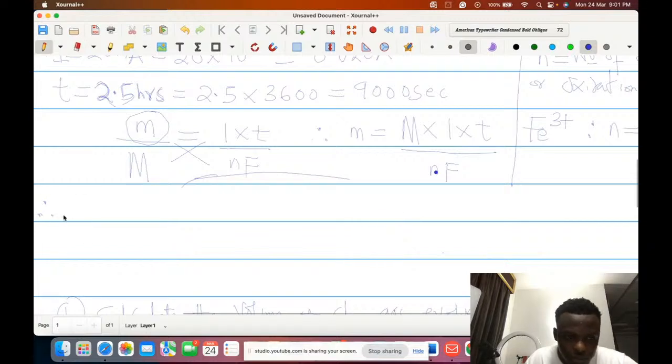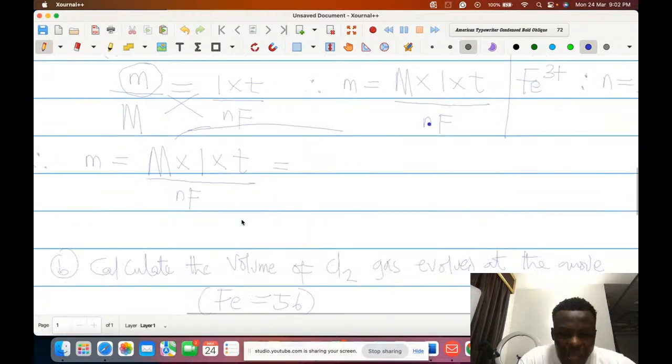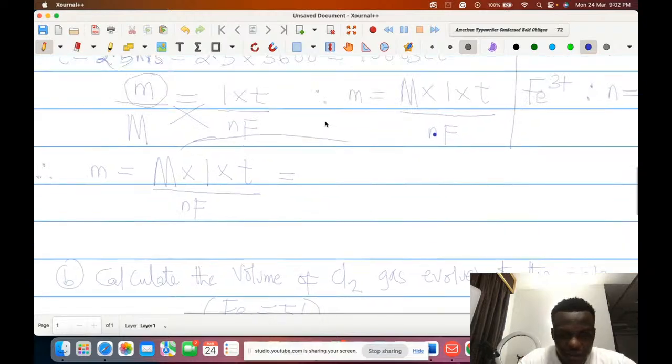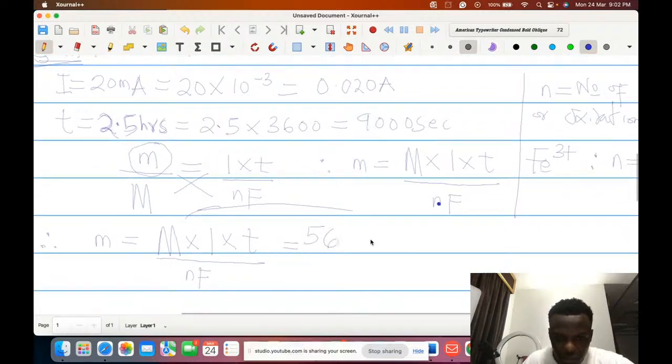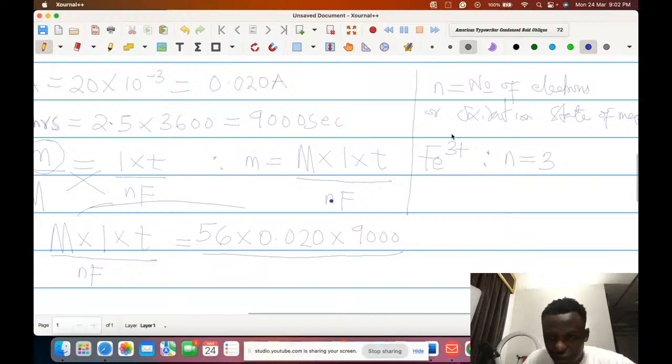We have capital M equals 56, the molar mass of iron they gave us at the bottom of the question, times the current, 0.020, times the time, 9,000 seconds, divided by the number of moles of electrons, which is the same as the oxidation state of this metal, iron 3, so 3, times Faraday's constant, which is 96500.